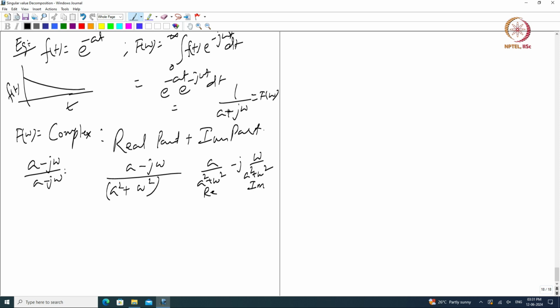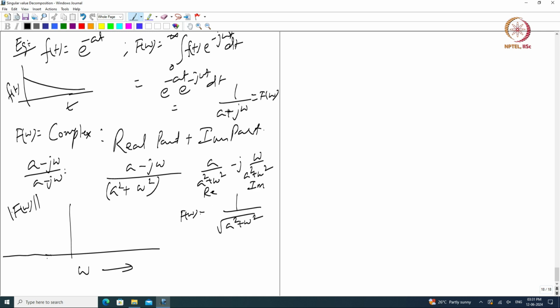Magnitude of the Fourier transform versus omega will be 1 over square root of a squared plus omega squared. I will do magnitude squared. Going to get like this. This will be an even function.